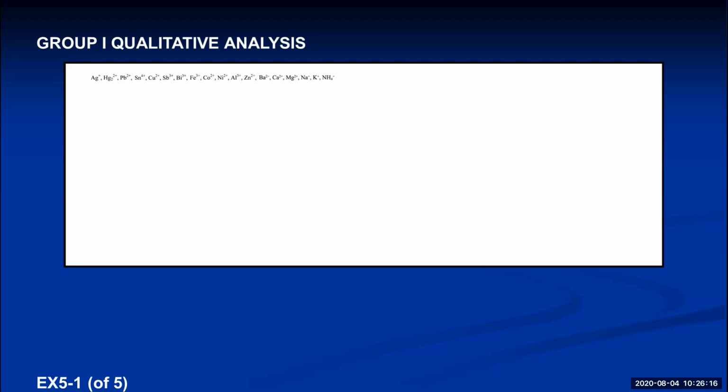And the way you separate out a small number of these cations from all the rest is by using a precipitating agent. So therefore only a few of them precipitate out. You take that precipitate and then you analyze that. So the qualitative group 1 cations are the ones that will precipitate out if you add hydrochloric acid. Hydrochloric acid ionizes into hydrogen ions and chloride ions.